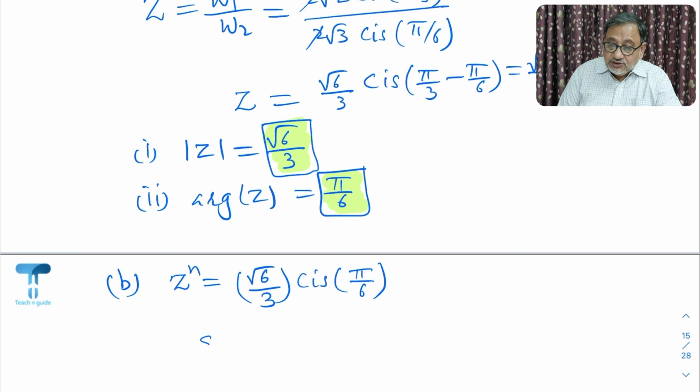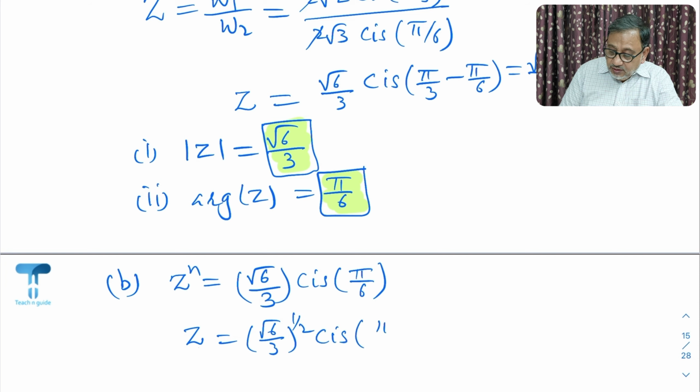So when I take the nth root, z will be root 6 by 3 to the power 1 by n cis pi by 6n, because it will divide by n. Sorry, here I should write n.